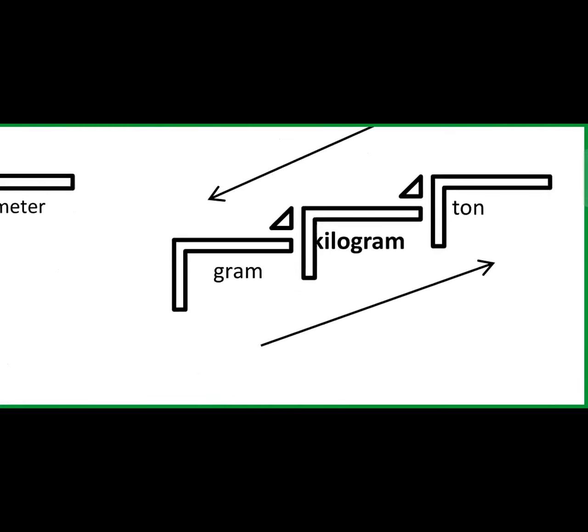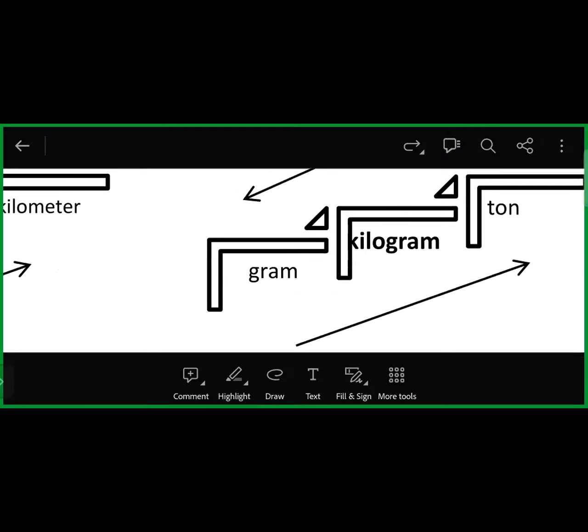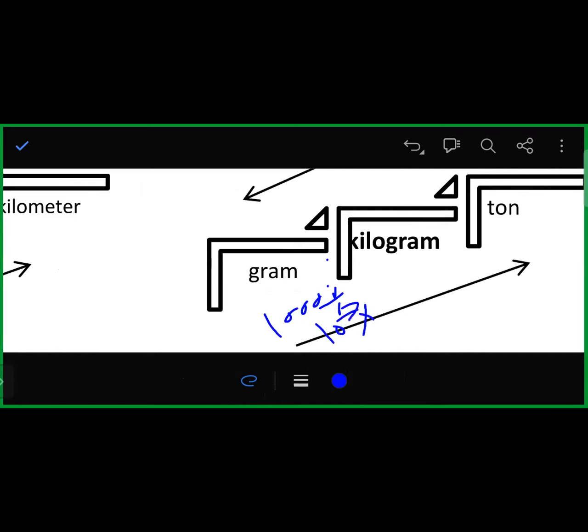Gram, kilogram, ton. From gram to kilogram, divide by 1000 or times 10 power negative 3. Gram to ton, also 10 power negative 3 in each step.